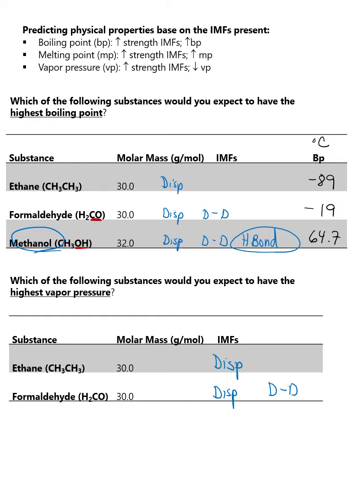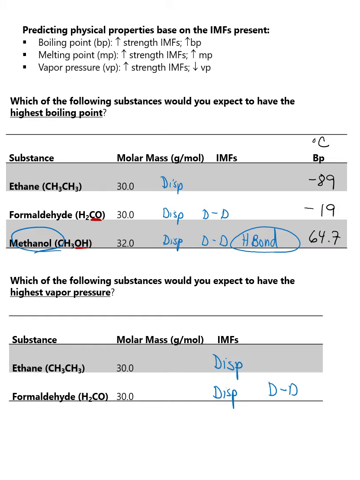So for the highest vapor pressure, you have stronger intermolecular forces in formaldehyde because you have dipole-dipole for that one. If you want a liquid that is going to have a high value for vapor pressure, it's a liquid that has weak intermolecular forces.